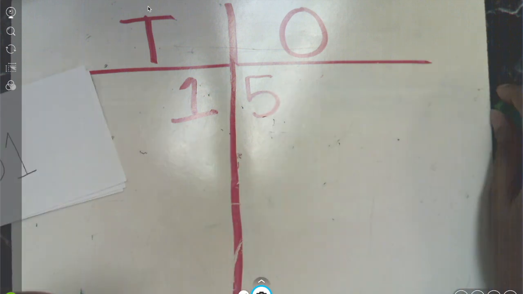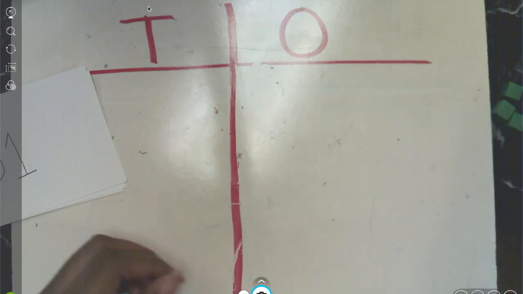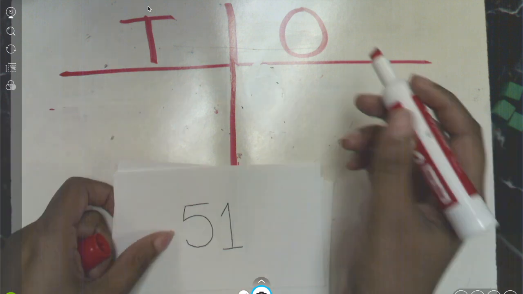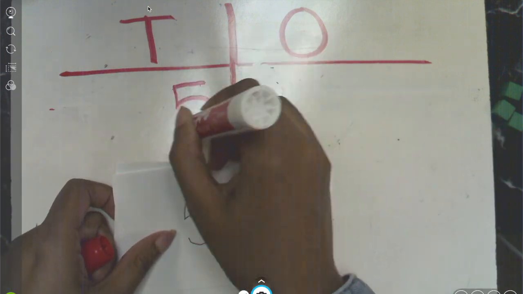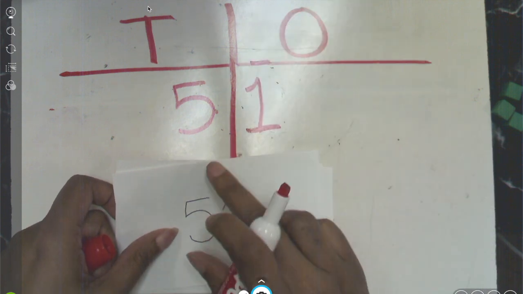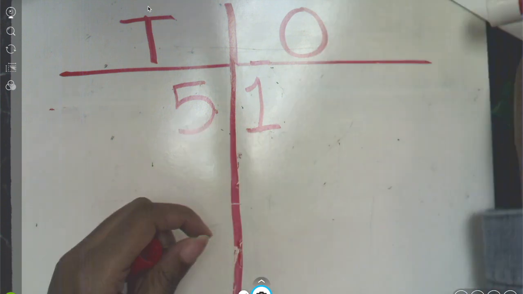Okay, so let's try that again. So I should have made, okay, so the 5 should have been in the tens place and the 1 should have been in the ones place. And look, it does look like 51. Thank you so much, rock stars.